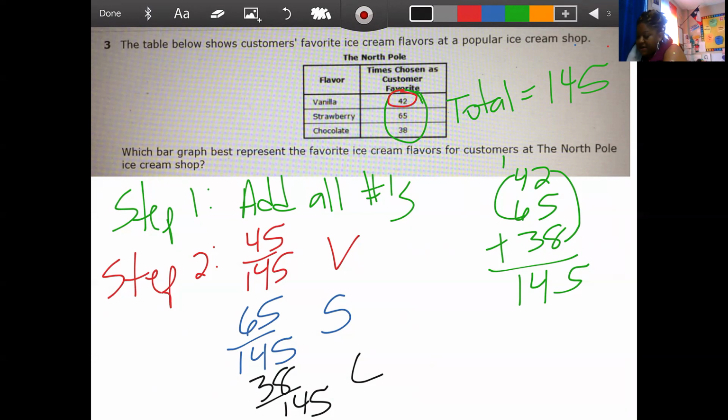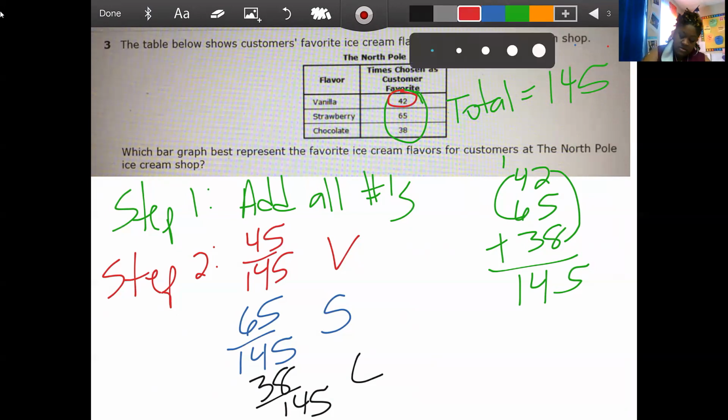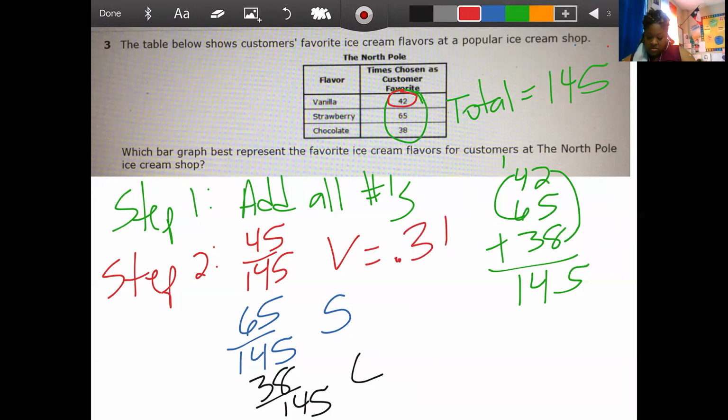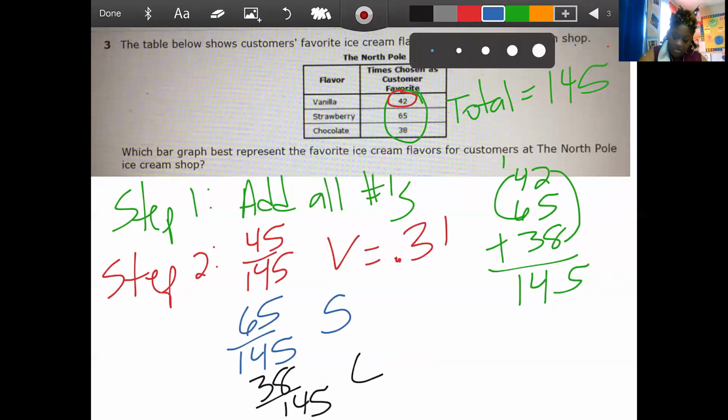Okay, so 45 divided by 145, okay, it's going to be 31 hundredths. 65 divided by 145 is going to be 44 hundredths. I think it rounds to 45, but it's okay.